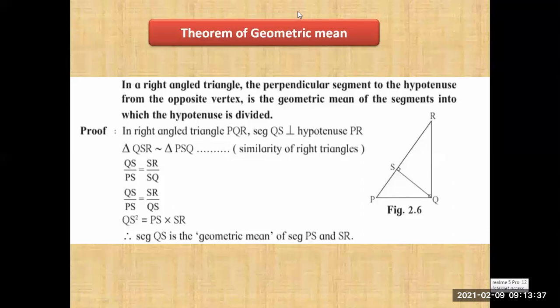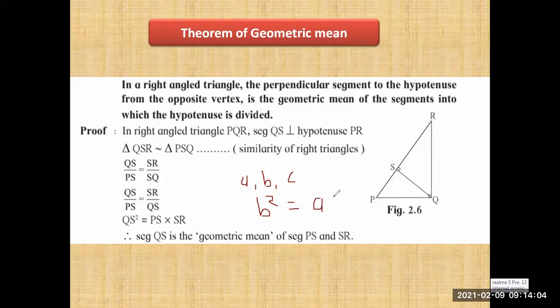Students, here geometric mean means if we consider three numbers, suppose A, B, C, and we say these three numbers are in geometric mean, then the middle one squared, that is B square, is equal to AC.